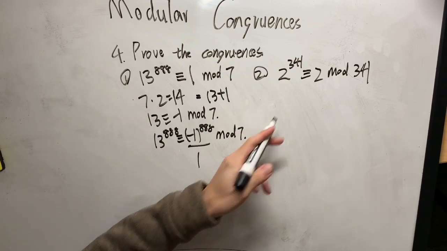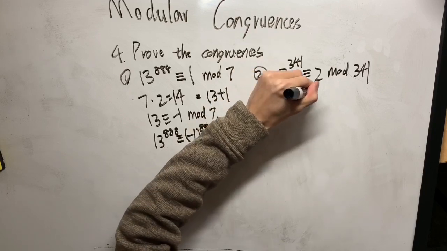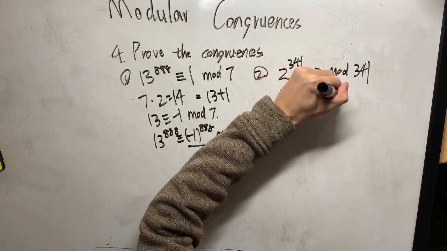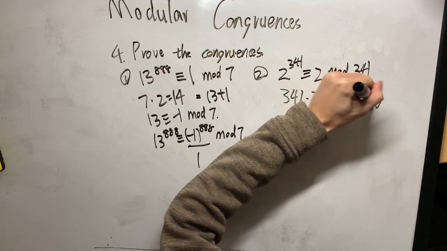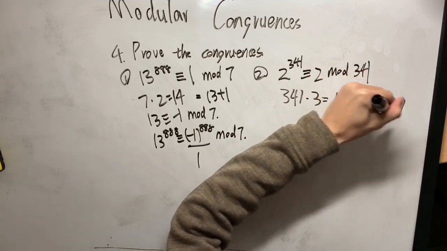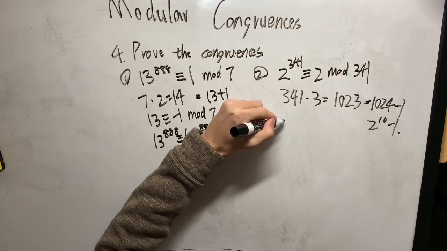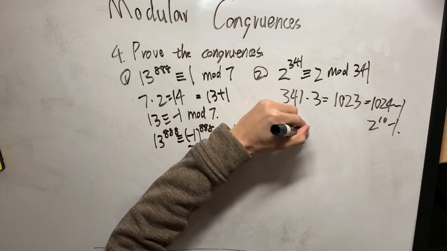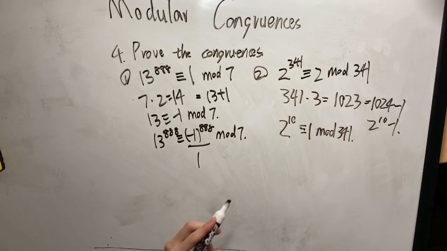Now let's look at the next one. We have 341 times 3 equals 1023, and that equals 1024 minus 1, which is 2 to the 10 minus 1. Thus, we have 2 to the 10 is congruent to 1 mod 341.